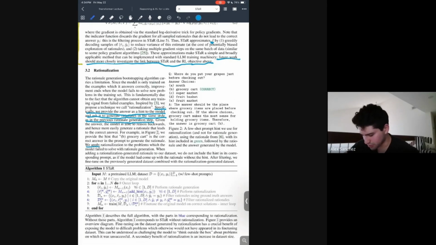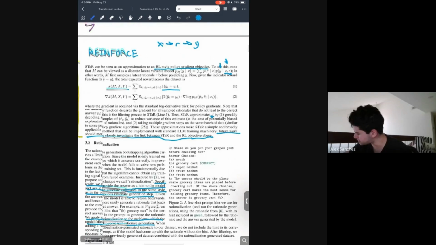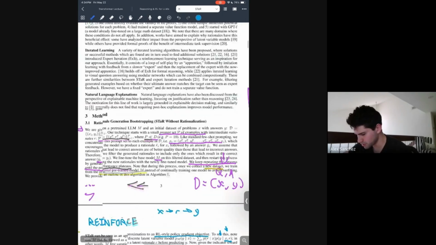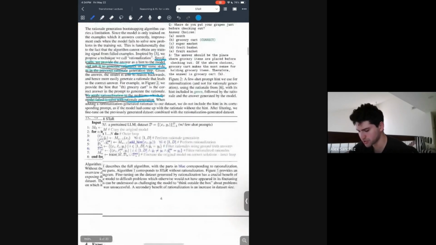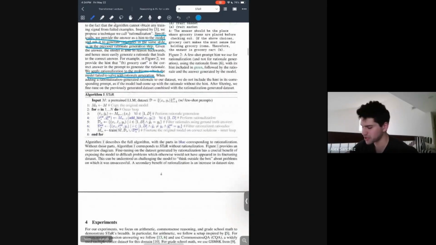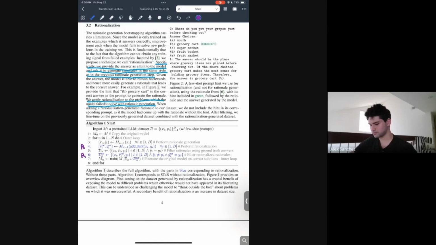And this is something they apply to the problems where the model didn't solve the answer correctly. There was something I wanted to talk about here. Maybe I'll go into it when we pick apart this paper a bit, but let's look at the algorithm.